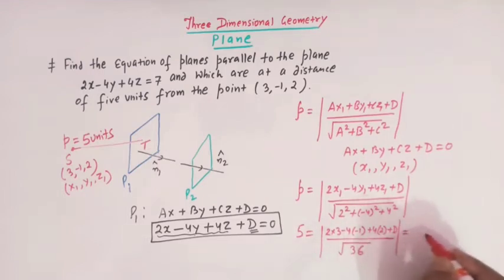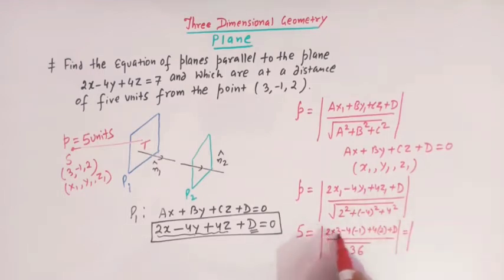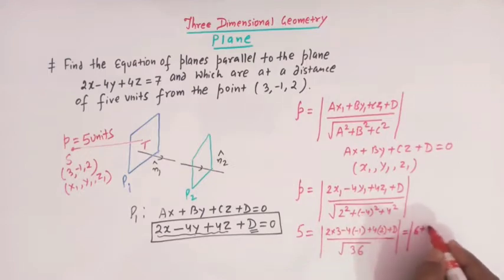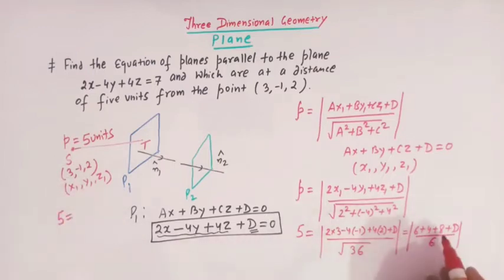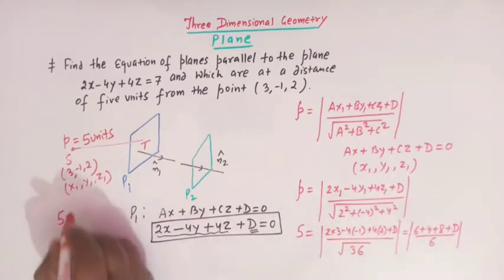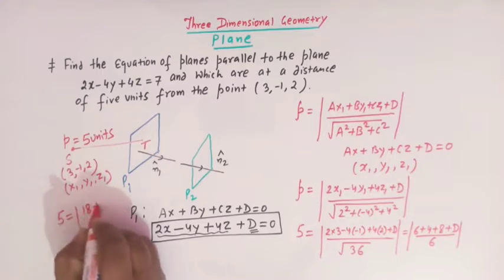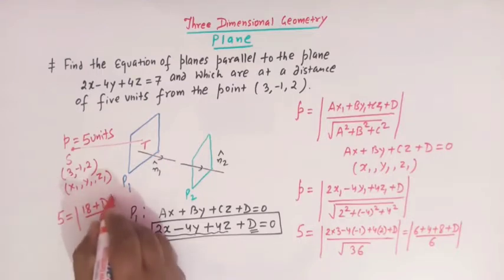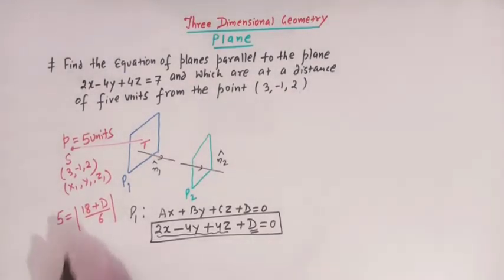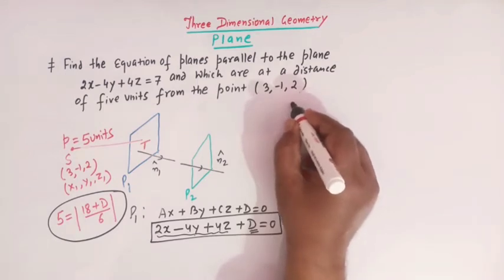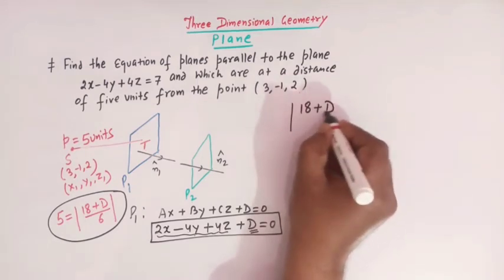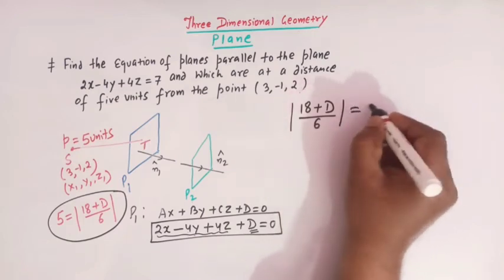And now this expression is 2 threes are 6, plus 4, and then 8, plus d over 6, and we can write 5 is equal to 12 plus 6, 18, plus d over 6, right? So now we have to solve this equation, that is mod of (18 + d) over 6 is equal to 5.